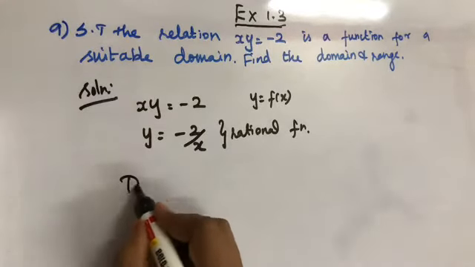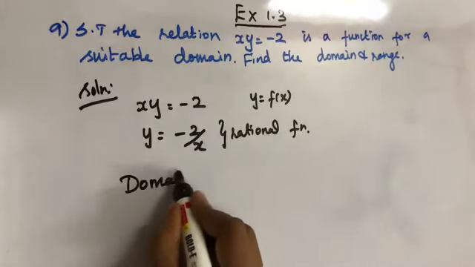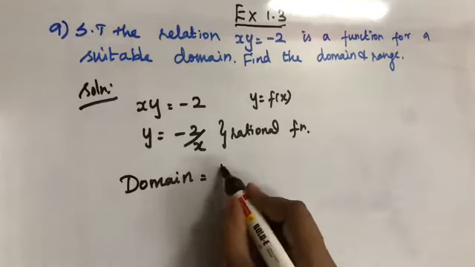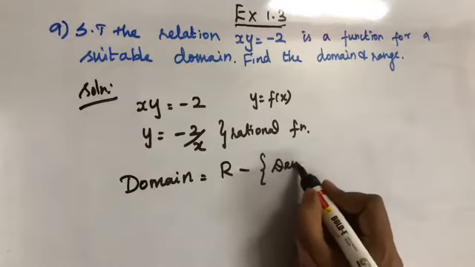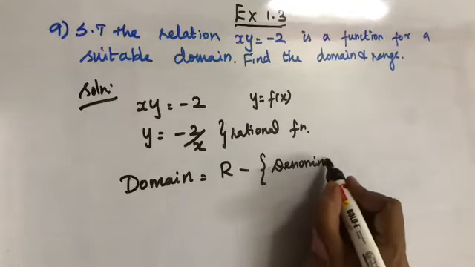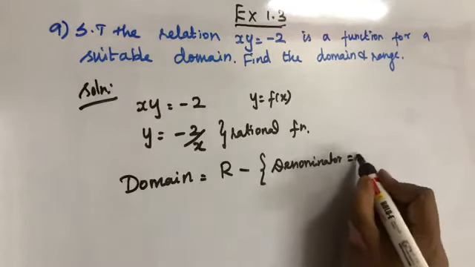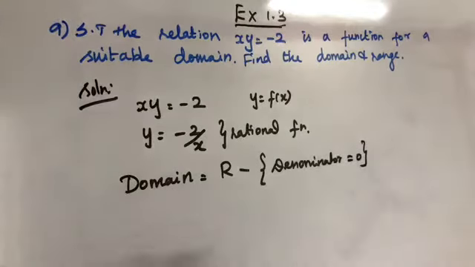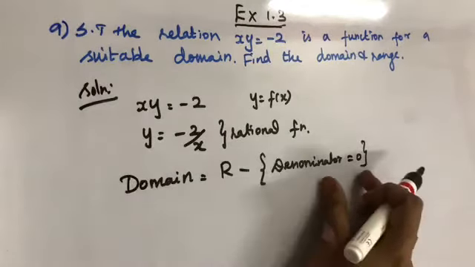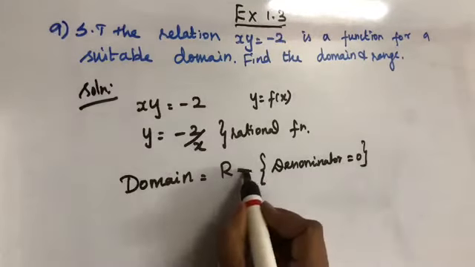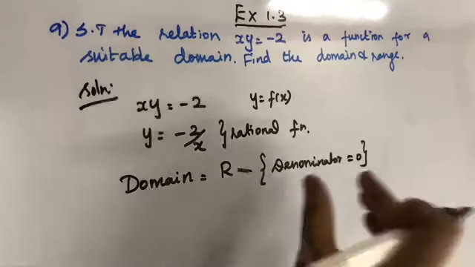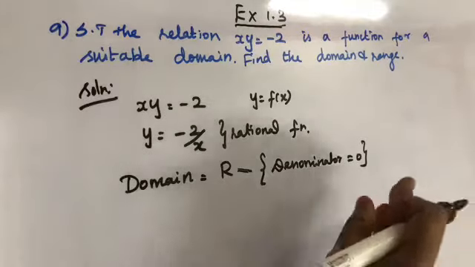So domain is equal to R minus the values where the denominator is equal to 0. This is what we have done in the sixth problem. We have to exclude the specific values on which the denominator is equal to 0.